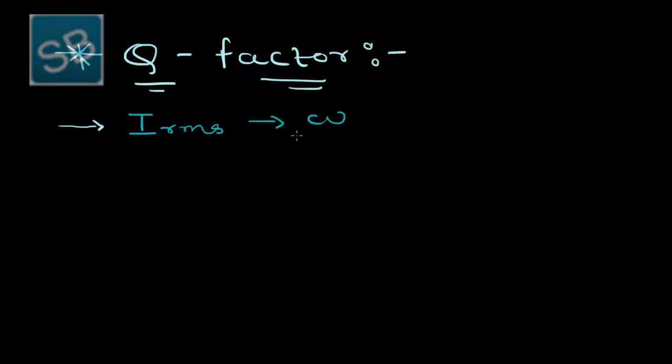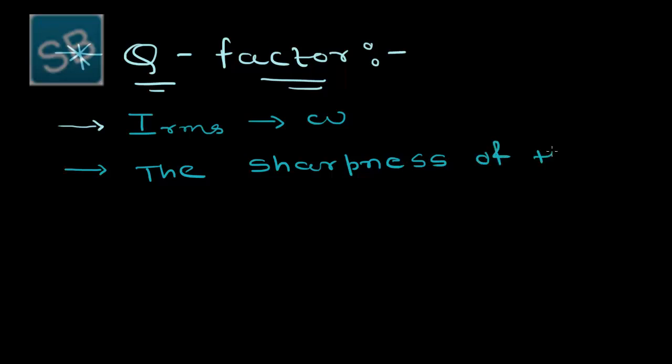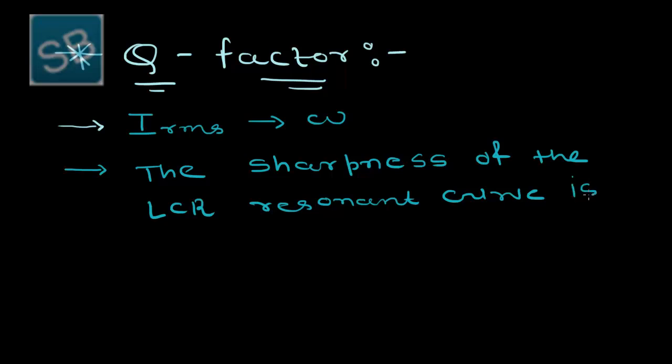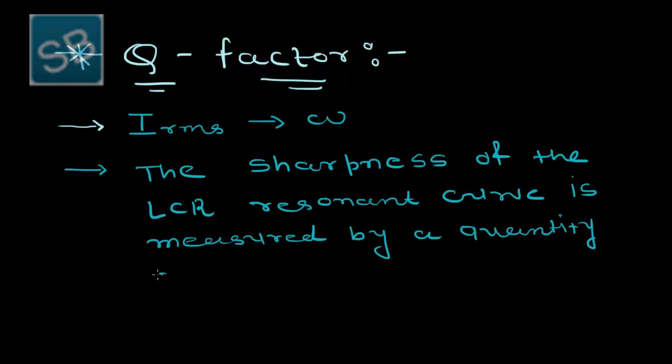Means in this particular graph we have observed the sharpness for a particular resistance, and the sharpness of such an LCR circuit in that resonant curve is measured by a quantity, and this quantity is called the Q factor.